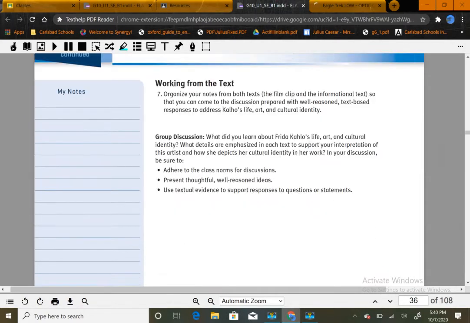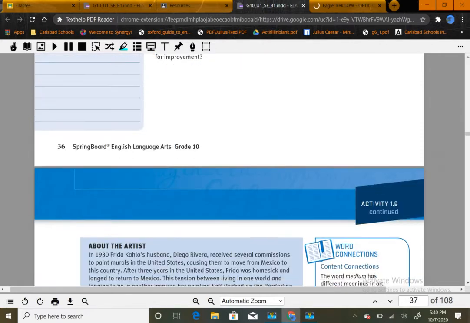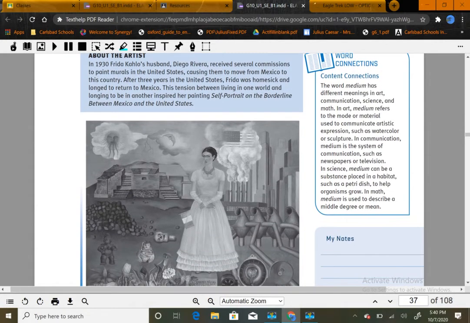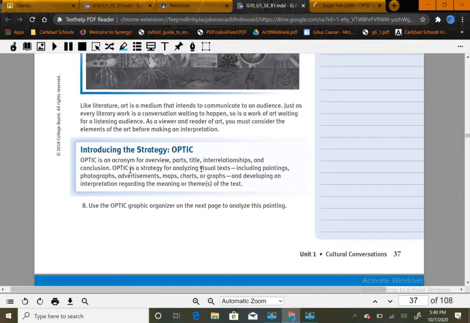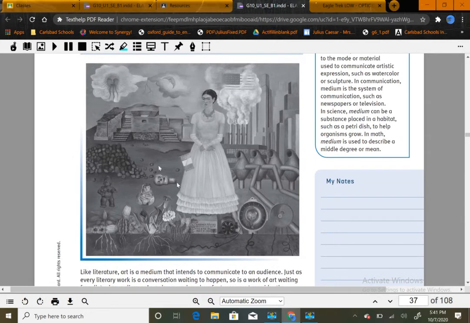The OPTIC Organizer, if I wasn't in class, I can look and see right here. OPTIC is explained right here. It's used for visual text, including paintings, photographs, advertisements, and so forth. Okay.